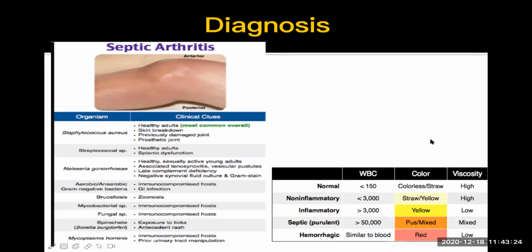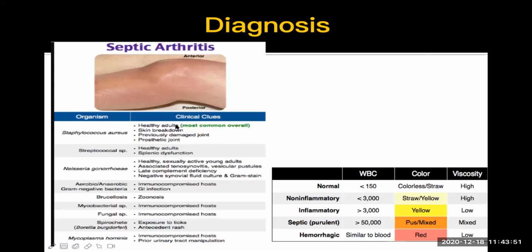Now, to confirm your diagnosis, you should have three things together: the points from the history, points from physical examination, and points from investigation. Now, only the important features are included here. Okay, so this is the important slide from the exam point of view. See here, if Staphylococcus aureus is the causative organism, then these are the clinical clues for you.